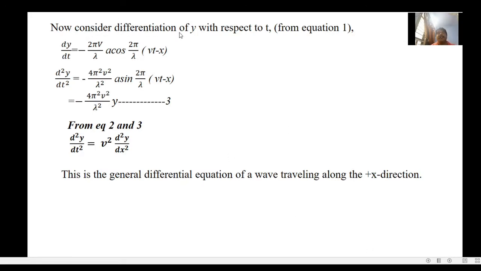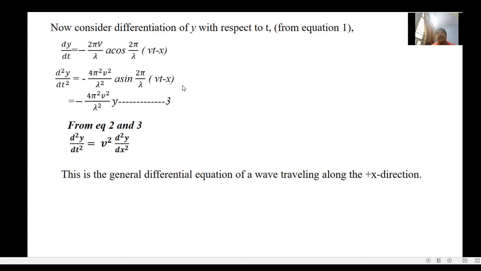Now, differentiate equation 1 with respect to t. Then we get dy/dt = −(2πv/λ) a cos[(2π/λ)(vt − x)]. Differentiate this equation again with respect to t, we get d²y/dt² = −(4π²v²/λ²) a sin[(2π/λ)(vt − x)].